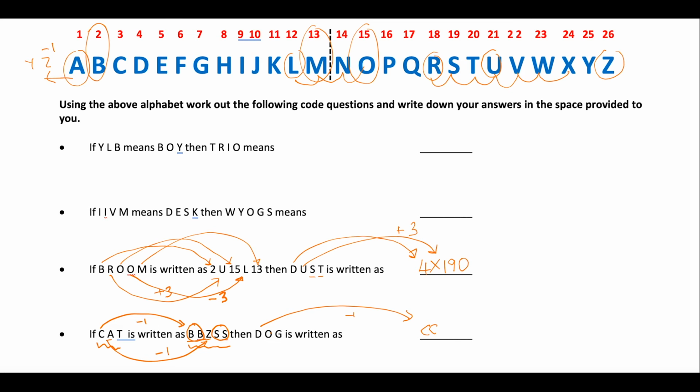If we do the same from O, going back -1, we get N. And then on the T, if you look at the T to S, they've gone back -1 again. So they've used the -1 method. If we go -1 from G, we get F, and we double it to get FF. So I believe that is the right answer.